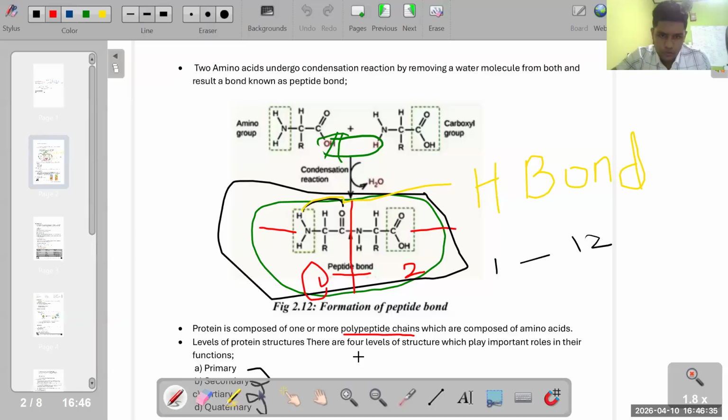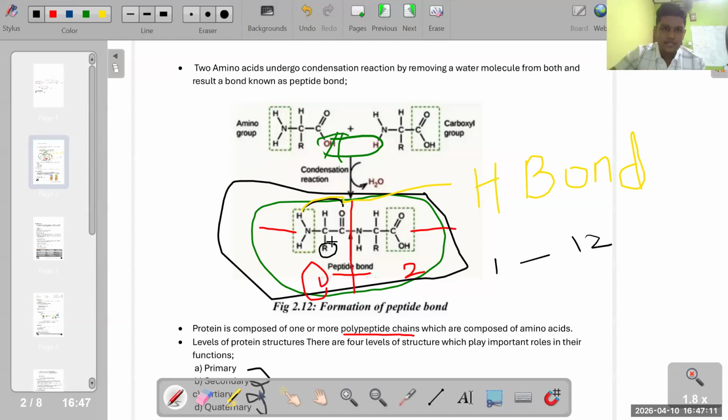So in this amino acid, what is the side chain? What is the group that belongs to the side chain? This R belongs to the side chain. Am I right? No, not the amino group. Don't confuse with that.